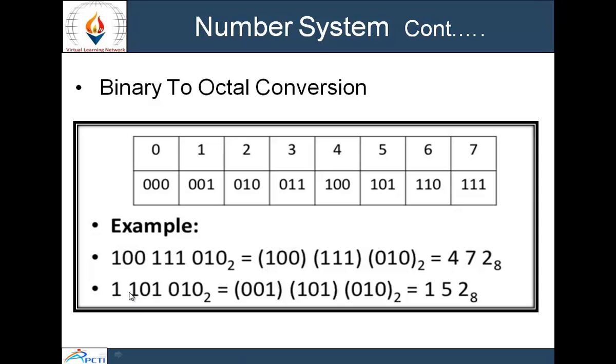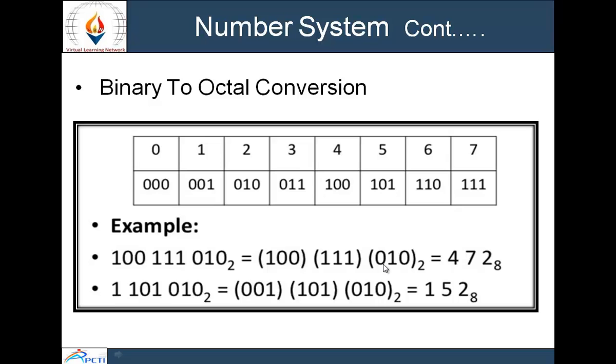As you can see in the second example, you don't have enough digits to make a set of 3, so we will add zeros to the left of the last digit to make it a set of 3. A binary number which is not a multiple of 3 digits can still be converted to octal. Just add extra zeros to your front group until it has 3 places.